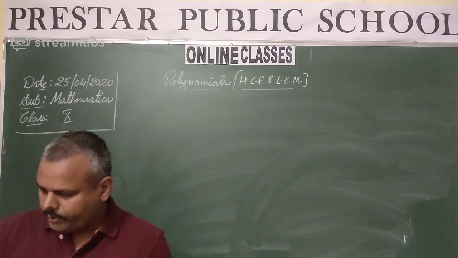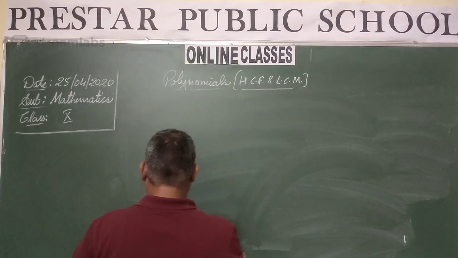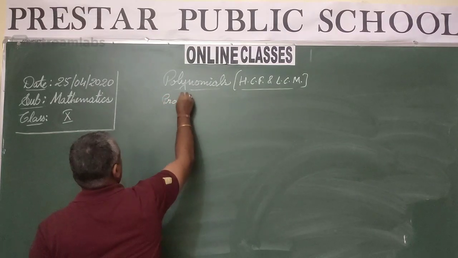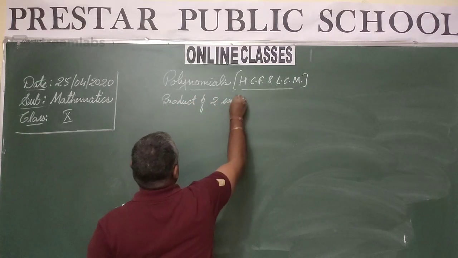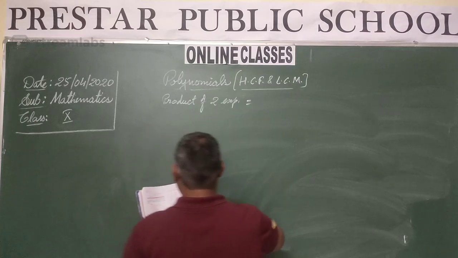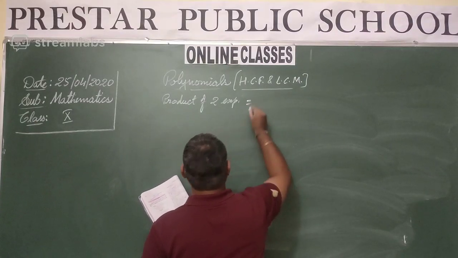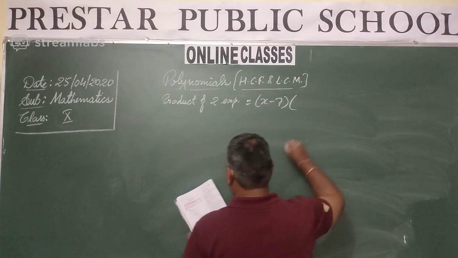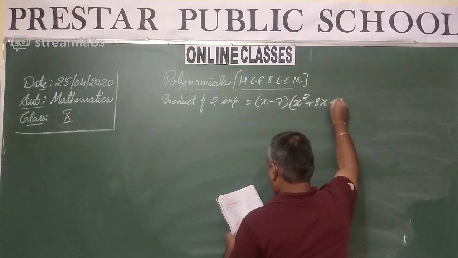So here, let us have one more question, which says the product of two expressions is given to you as x minus 7 multiplied by x squared plus 8x plus 12.